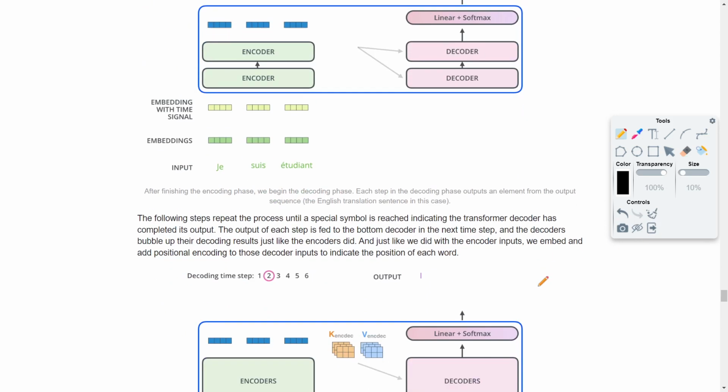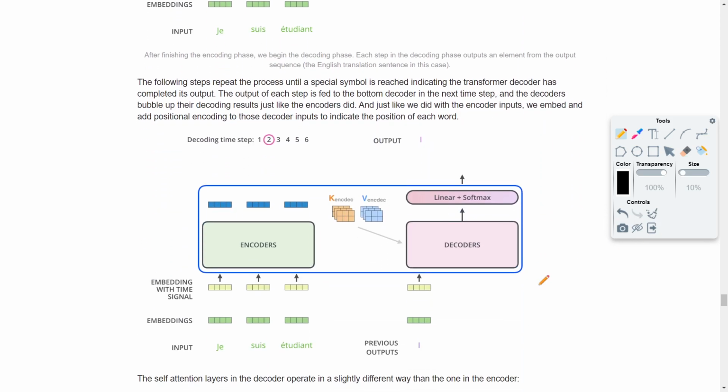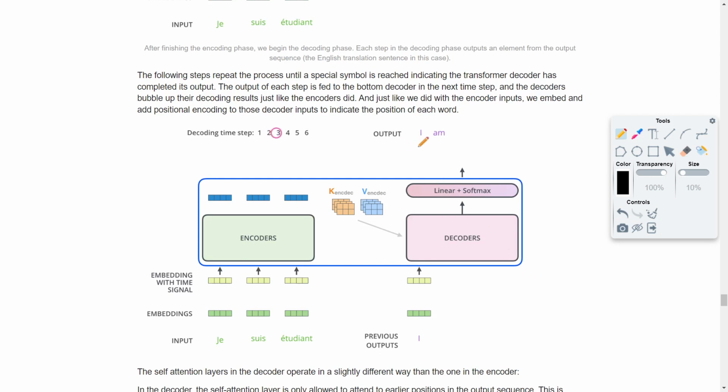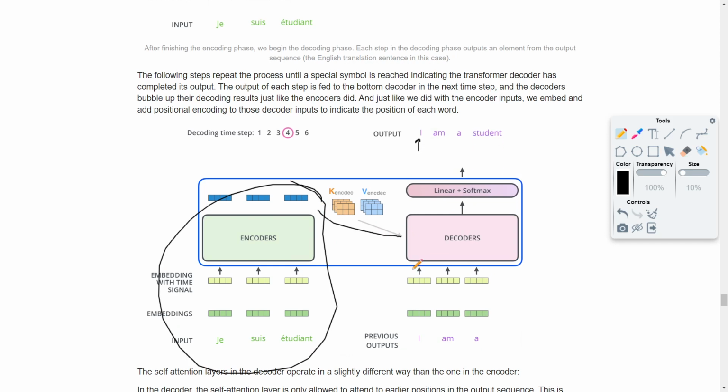Moving further, once we have predicted the first word, for the input I have computed this, and now I'm passing this and at the same time I'm passing the encoder output also. If in one go I pass all the output words, what's going to happen is the model will know the attention scores of this word with respect to all the words that are going to come, and it's going to give me the next word only because it already knows the answer.